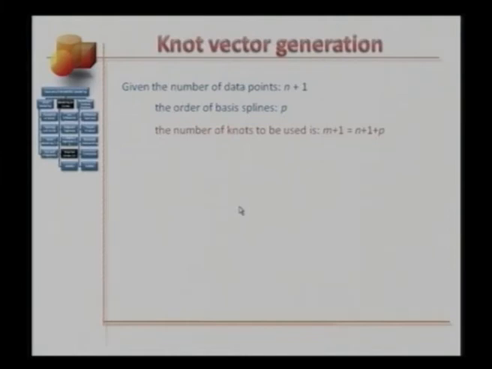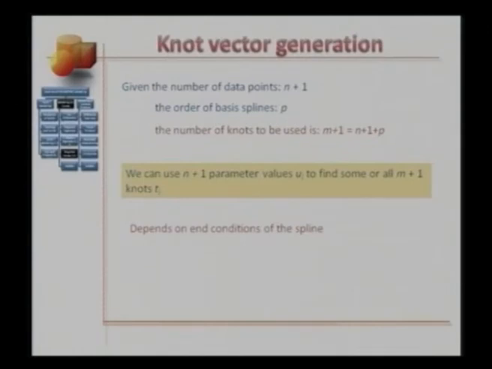You would know very well that the number of knots to be used is given by n plus 1 plus p, the number of design points plus the order of the B-spline curve. We can use the n plus 1 parameter values u_i that we have seen before to find some or all of the knots t_i. This is how these parameters are getting related to the knots.